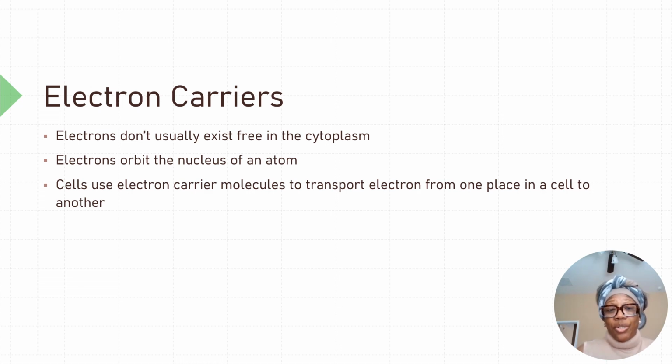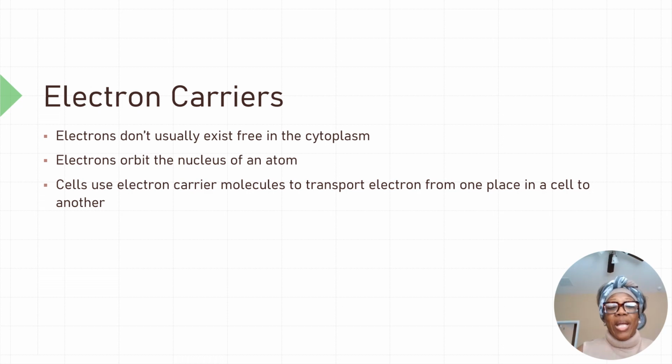They have no charge. The protons and the neutrons are located within the nucleus of the atom, but the electrons orbit, occupying a space around the nucleus of the atom. So electrons don't usually exist just free in cytoplasm.